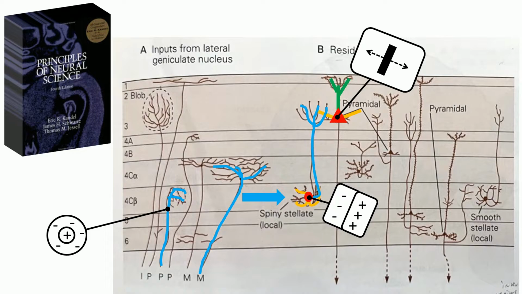Now, our layer 2-3 cell collects inputs from many of these layer 4 simple cells, whose receptive fields are offset from each other spatially. This makes these layer 2-3 cells also tuned to oriented edges, but in a more translation-invariant manner. Because of this, they have been termed complex cells.